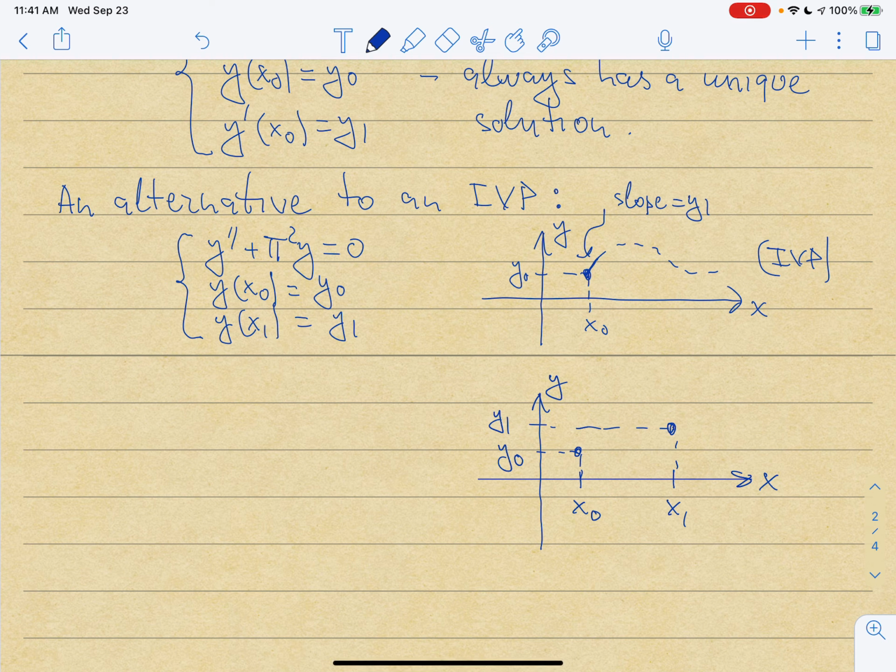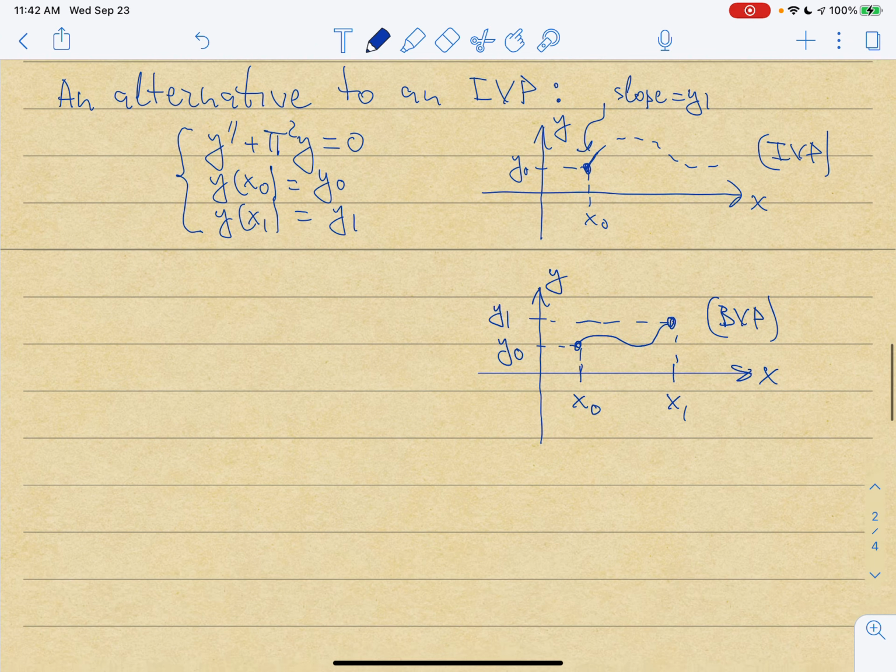And what I'm trying to do is find a solution curve that connects these 2 points. So this is a boundary value problem. And so let's see on particular examples what sort of things we can expect when we solve boundary value problems.